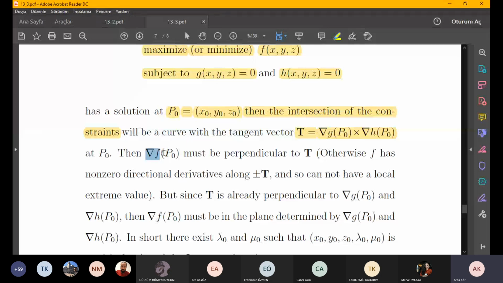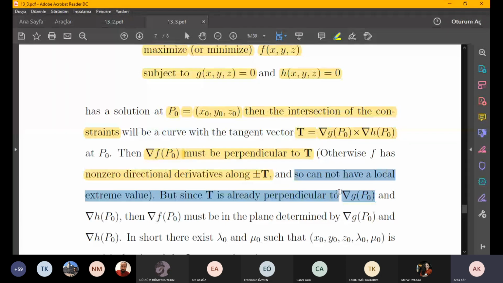Then the gradient of f at P0 must be perpendicular to that tangent vector, because otherwise f has a non-zero directional derivative along plus and minus the tangent vector, so it cannot have a local extreme value.